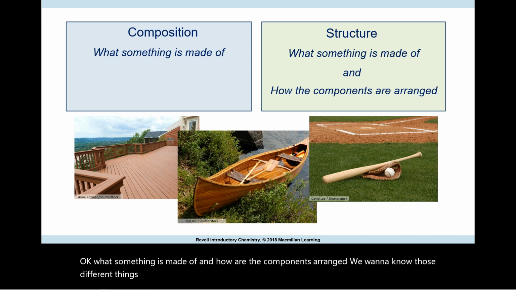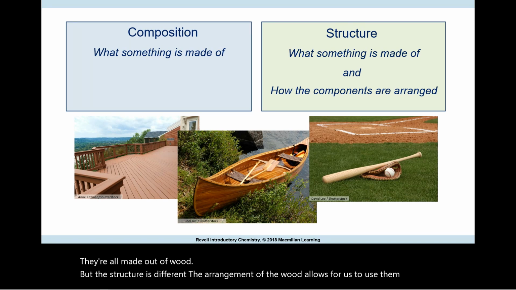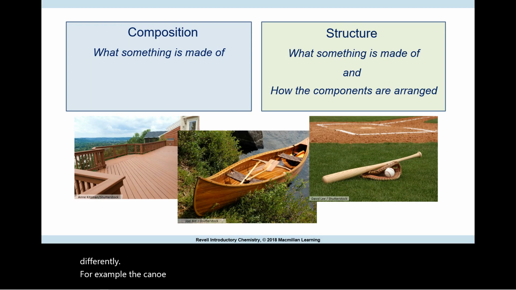So consider these three objects that we have: a deck, a canoe, and a baseball bat. All of them have the same composition, right? What's that composition? They're all made out of wood, but the structure is different. The arrangement of the wood allows for us to use them differently. For example, the canoe can float in water.